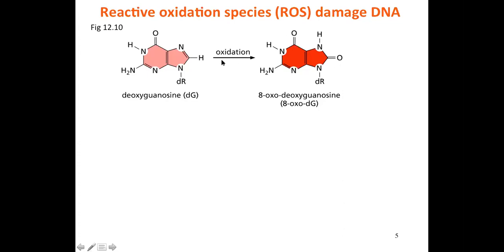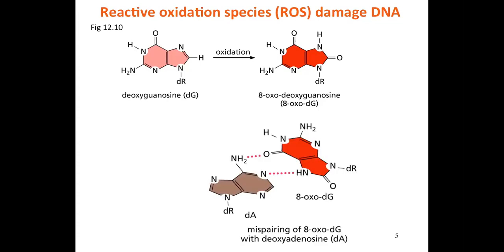It matters because if you think about it, the positioning of this base, in other words, its position in three-dimensional space sticking out from the phosphate backbone, is dependent upon it being this exact shape. If you suddenly stick an oxygen to the end of it, you can imagine this thing will not be sticking out at the same angle anymore from the phosphate backbone as it should be. And as a result, the hydrogen bonding across these three sites won't be as encouraged to properly connect with the C on the other strand.